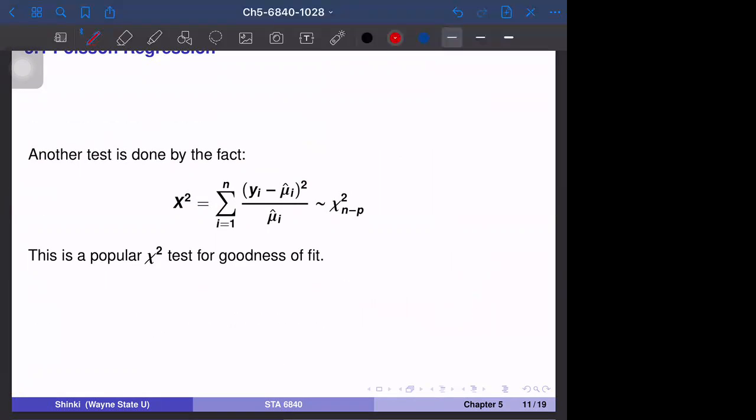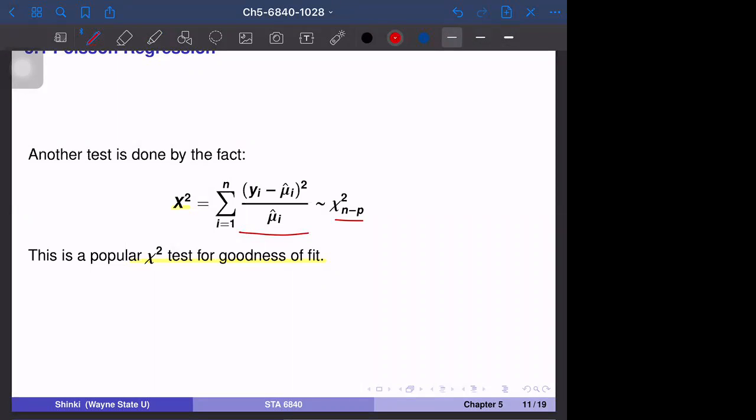But we can also do this approximation. This is the so-called usual chi-square test for goodness of fit. Probably you have studied this in a more introductory statistics course, such as 20-10 or 50-30. And this is again chi-square distributed, and the quantity is here.